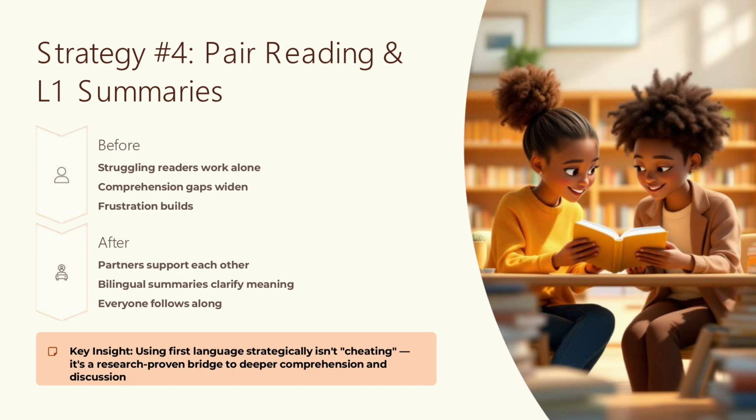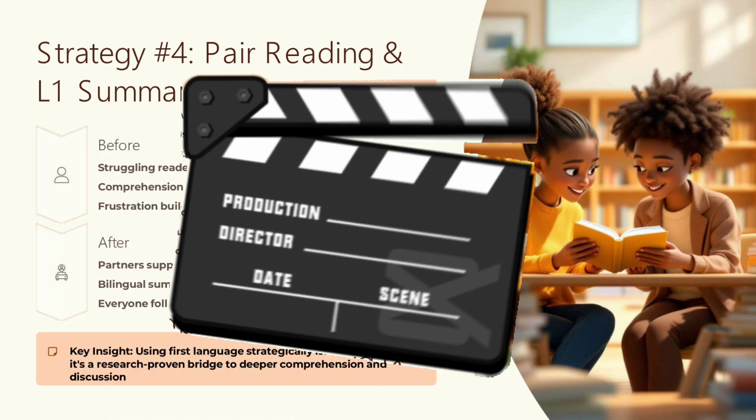The bilingual student summarizes in their first language, the partner nods, and they continue together. Using the first language this way isn't cheating, it's bridging. It ensures comprehension, builds confidence, and keeps everyone moving forward. Plus, reading with a peer creates accountability and a sense of shared success, a powerful motivator for language learners.